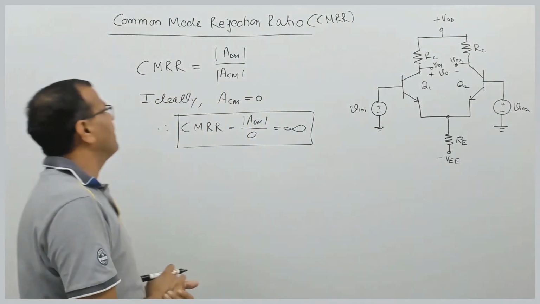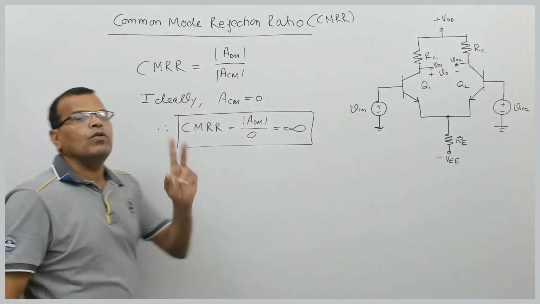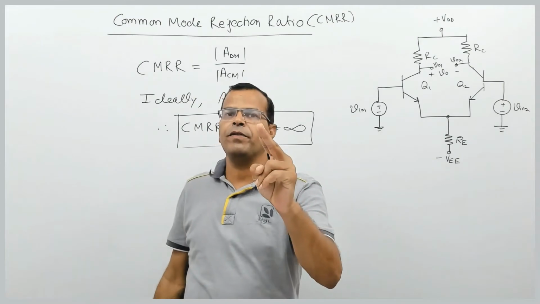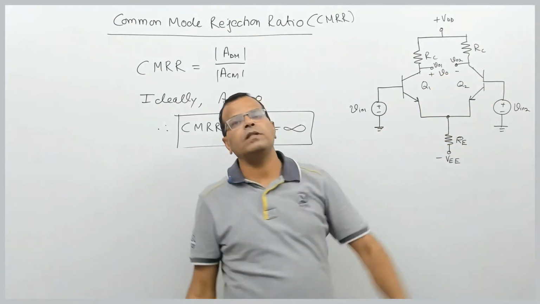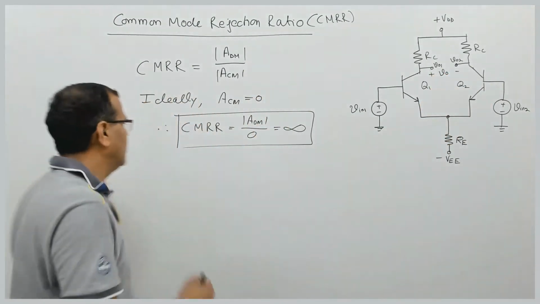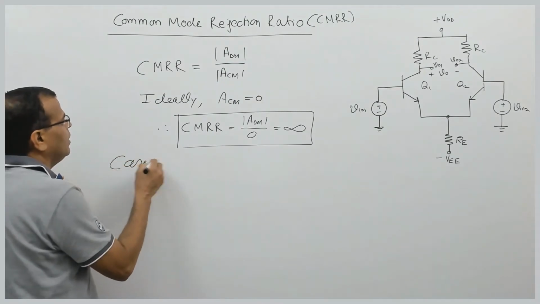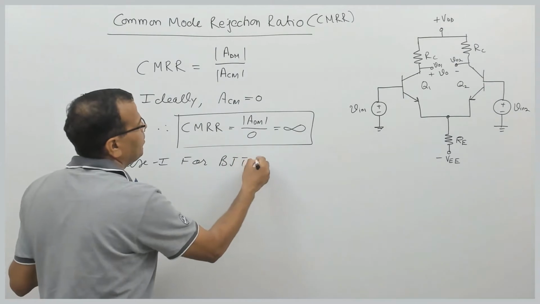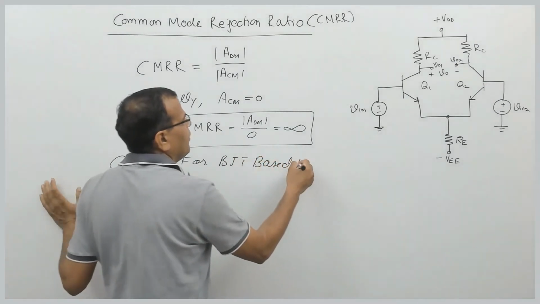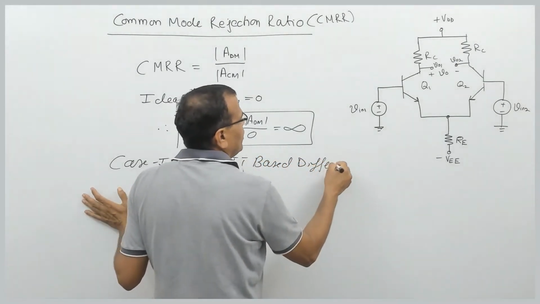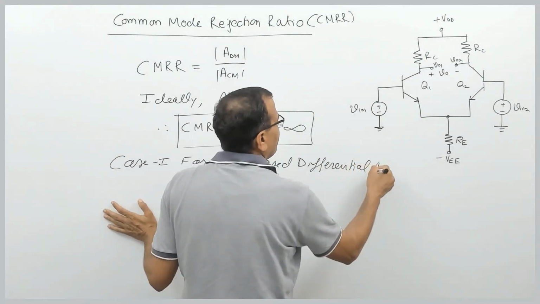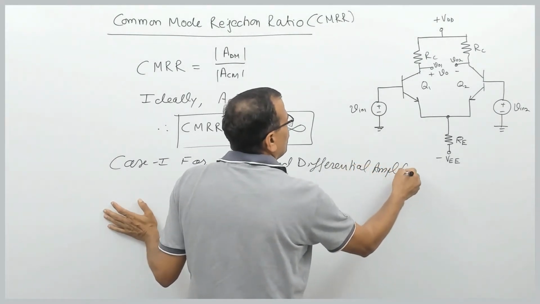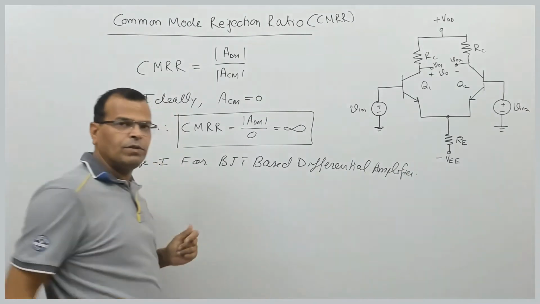Fine. Now here we will be talking about both types of differential amplifier, that is BJT based as well as MOSFET based. So let us take case 1, that is for BJT based differential amplifier. In BJT based differential amplifier, we have different possibilities.